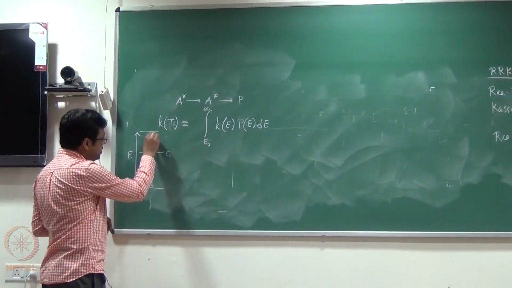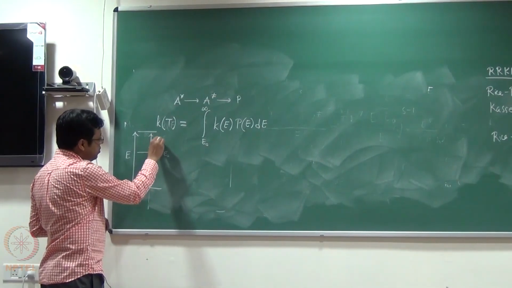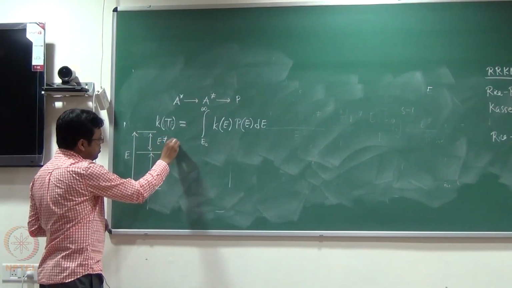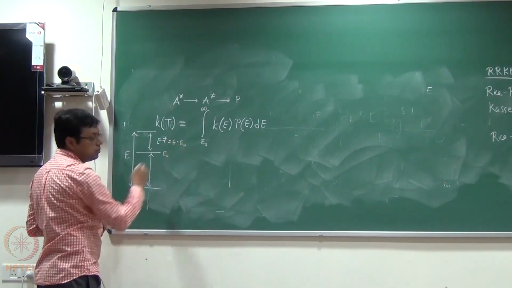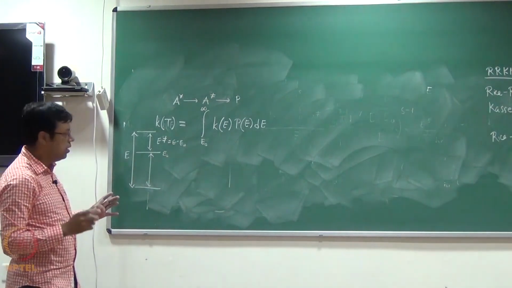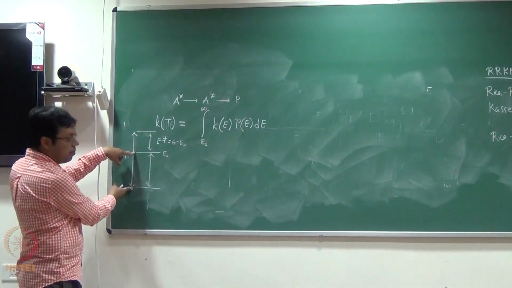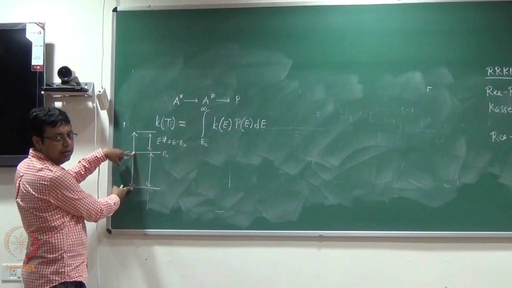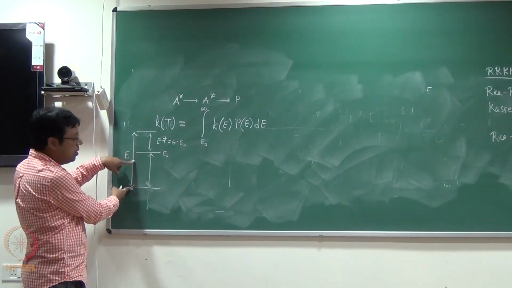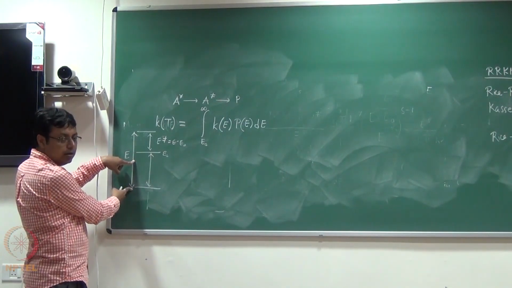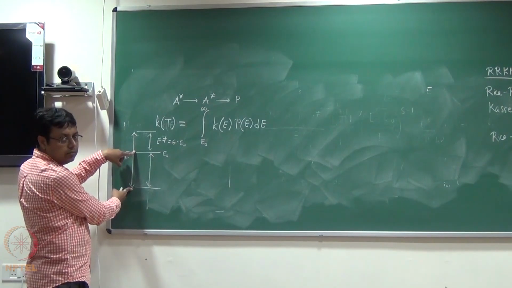So the transition state basically gets a share which is E minus E0. What can be the total energy? If I go up to E0, the reaction will just happen. If I go below, no reaction will happen.